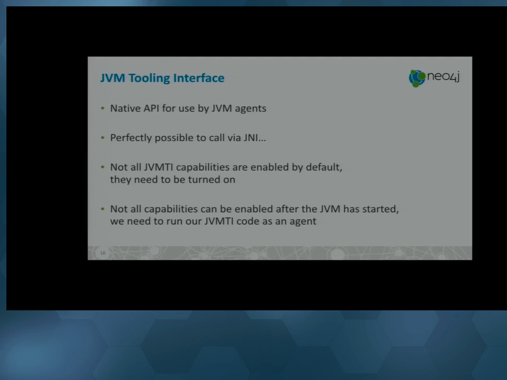And at that point, they will probably, most likely, disable a few of the optimizations that a JVM performs. But if you want to play with them, you need to have an agent to enable those capabilities. I don't actually remember which capabilities those are, because I wrote this code a couple of years ago.